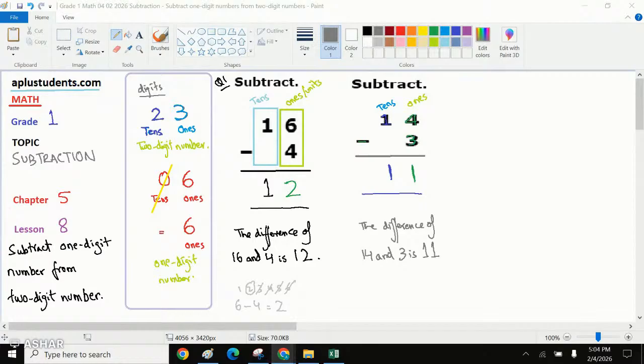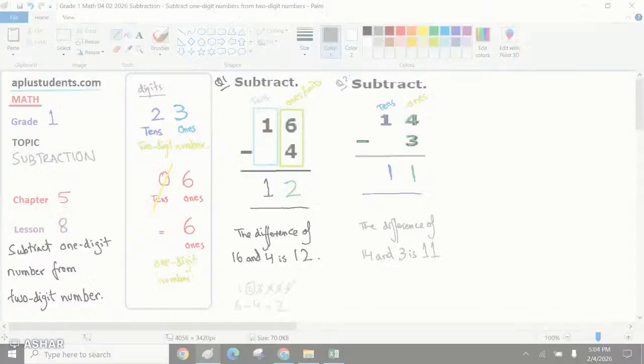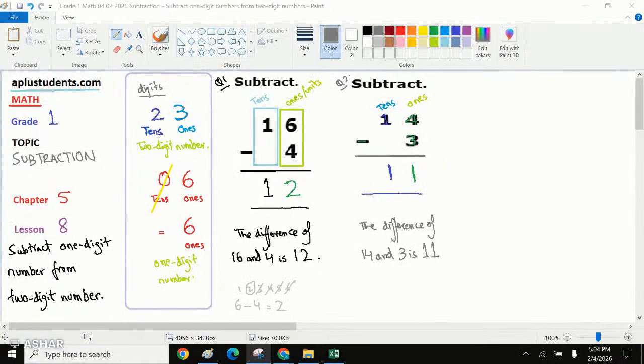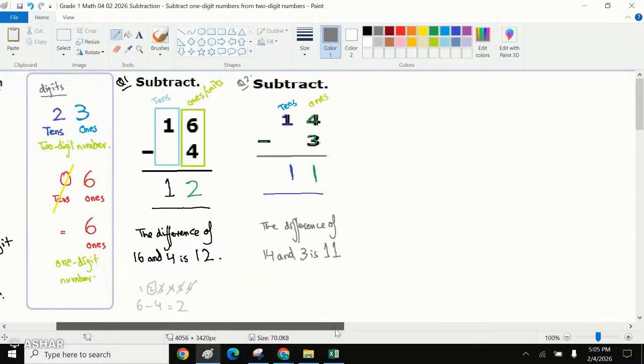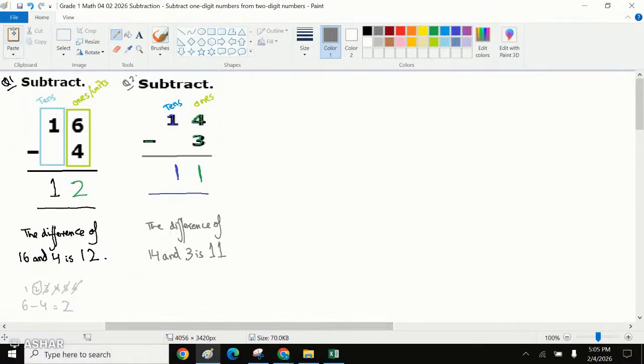For the next question, question number 3. This was question number 2. Let's see what we can do in question number 3. We need to subtract 12 minus 1. I'll just move it over here.